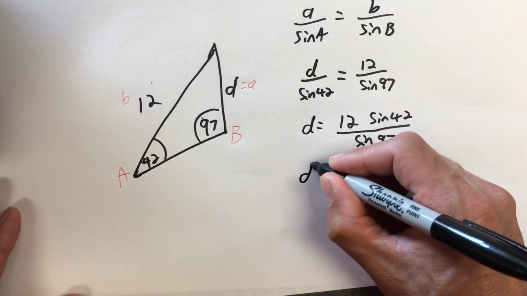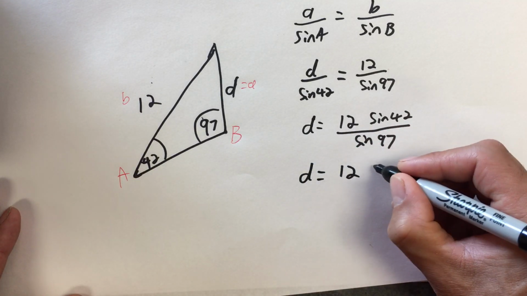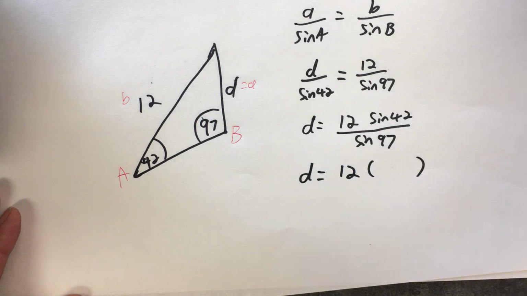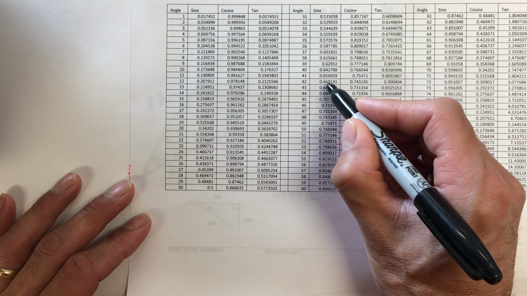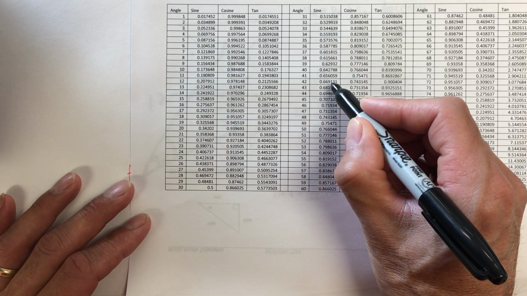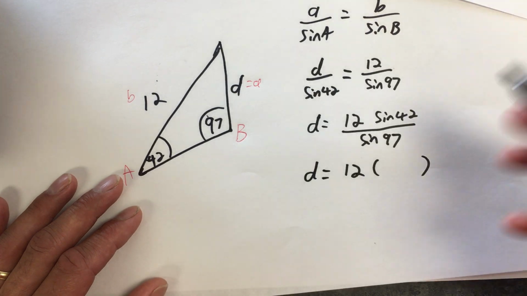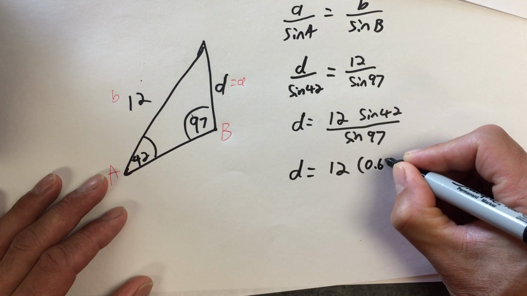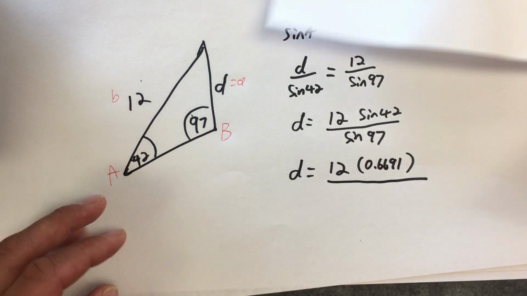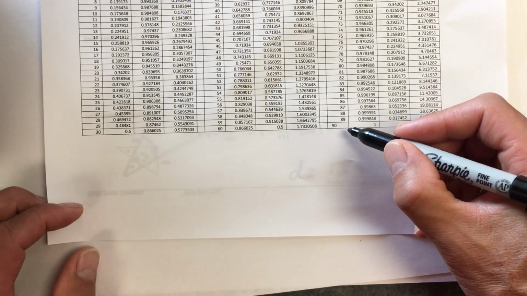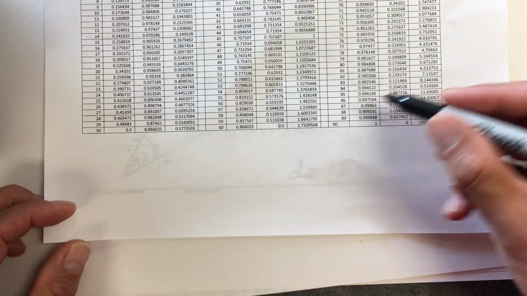So side length D is equal to 12 times the sine of 42, and I'll use my trig table here. The sine of 42 is 0.6691. And the sine of 97 degrees, now there's a trick here.